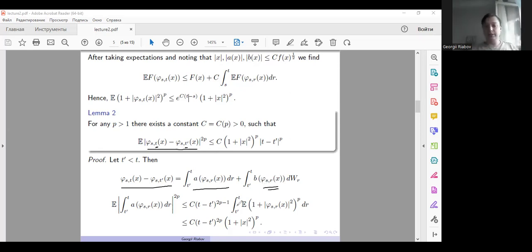So now let's estimate the expectation of these integrals to the power 2p.